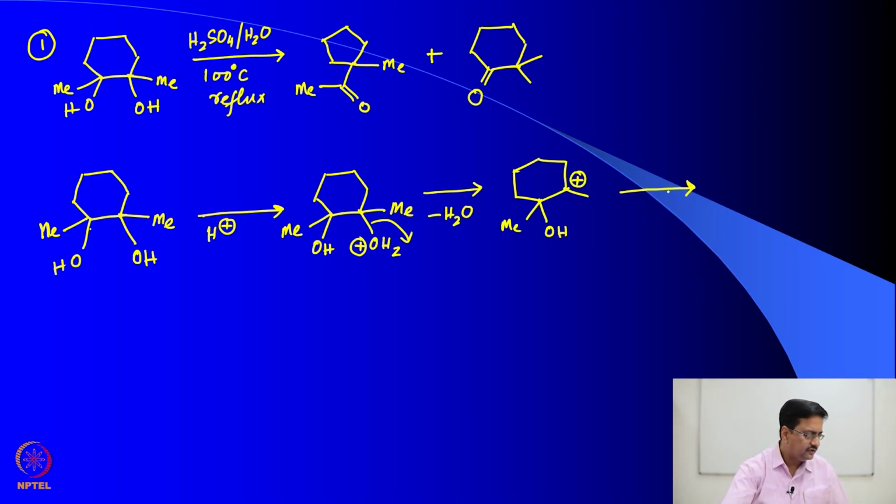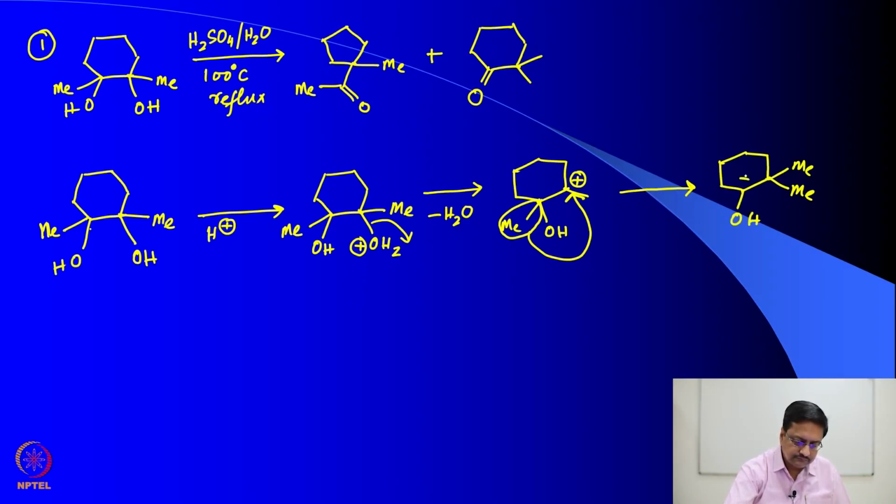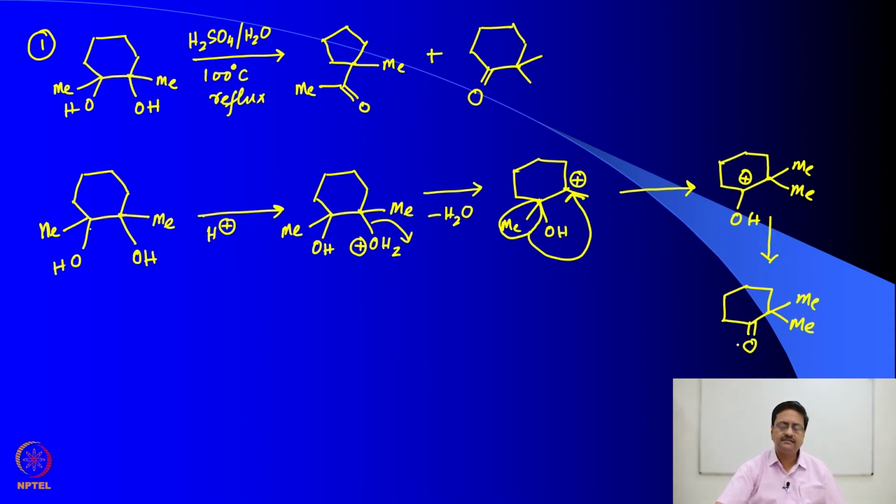One possibility is migration of this methyl group to the adjacent carbocation site to form this new carbocation, which in turn would give the second product on deprotonation in step 4.